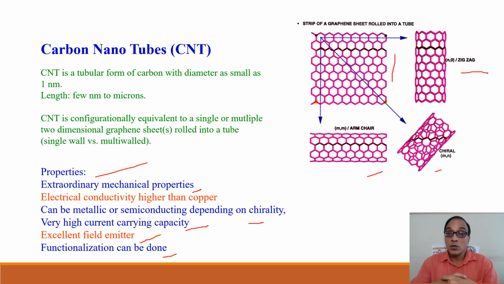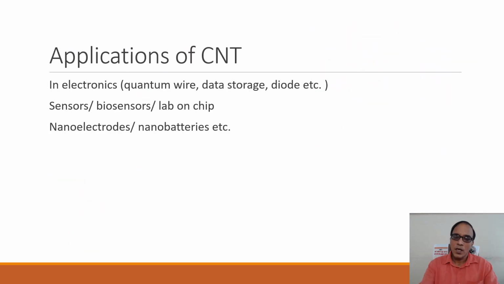If we talk about nanotechnology, they have a very huge role and they are being investigated for a variety of applications. By this way we can have very good applications of CNTs.